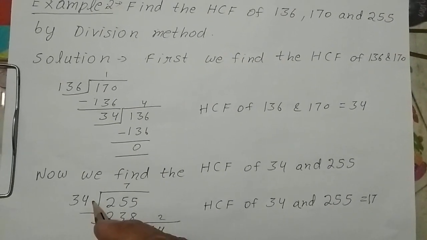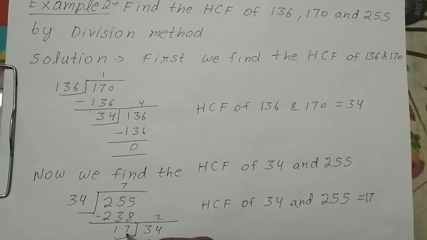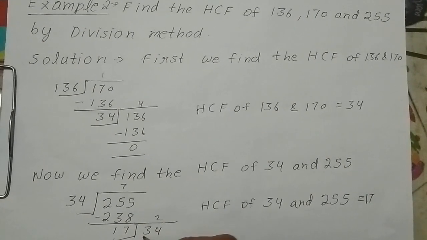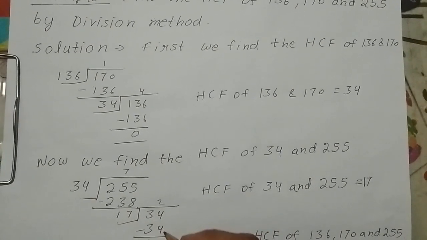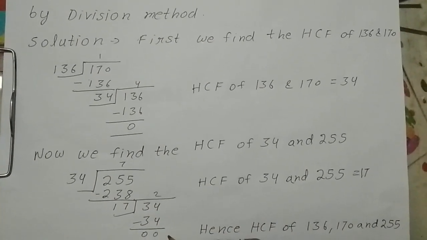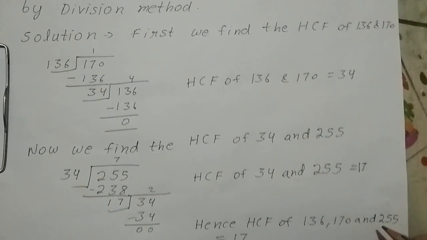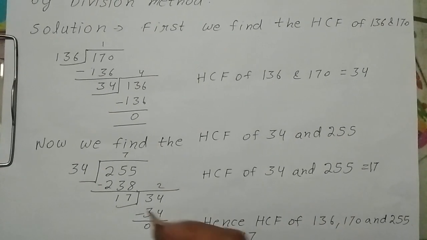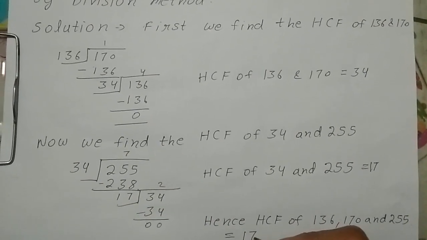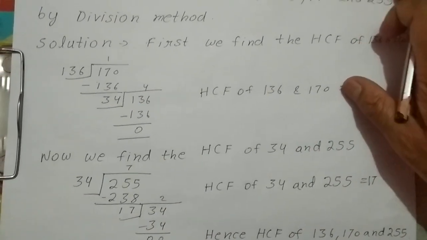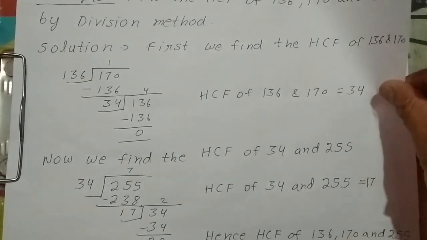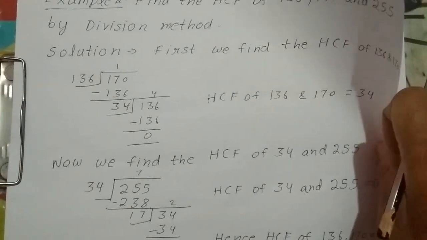Now we divide the divisor 34 by this remainder 17: 17 into 34 is 2, and we have got remainder 0. Hence the HCF of 136, 170 and 255 is 17. So in this way we find the HCF by the division method.